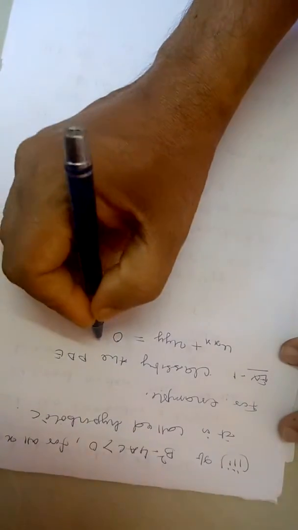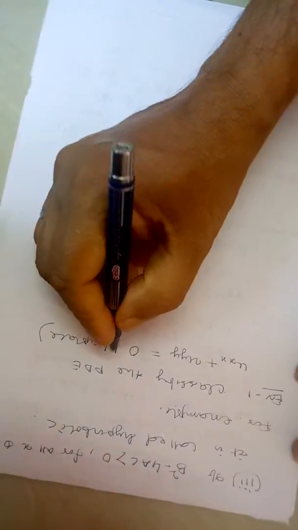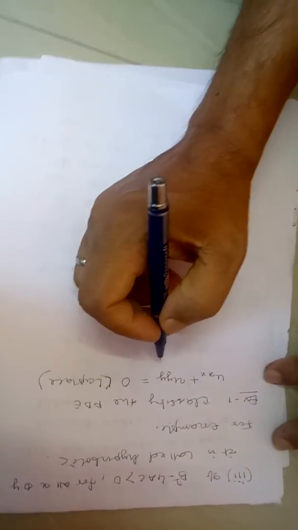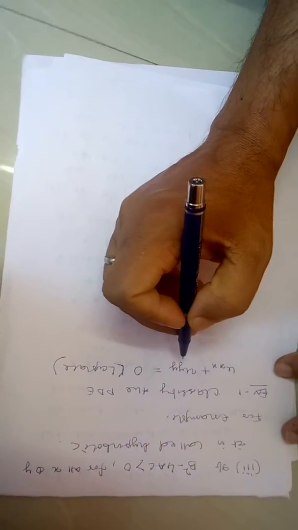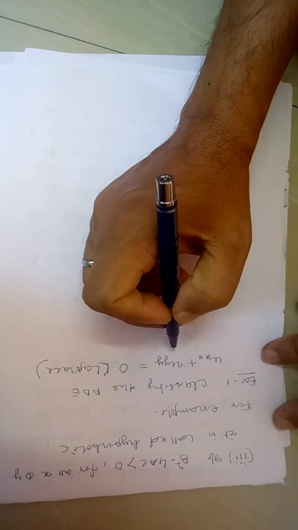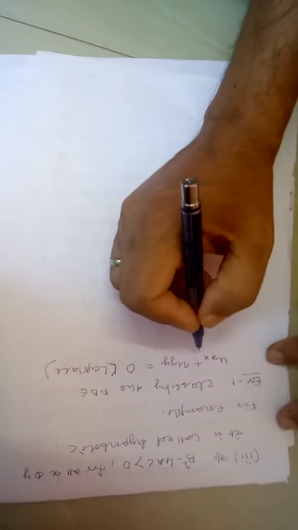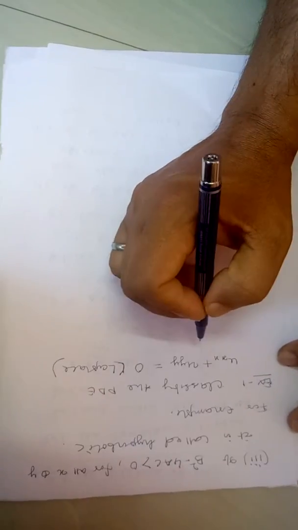So we know this is a Laplace equation. Why I am giving this example is that in our course we will try to solve the Laplace equation numerically. So that's why I am starting with the example of the Laplace equation.